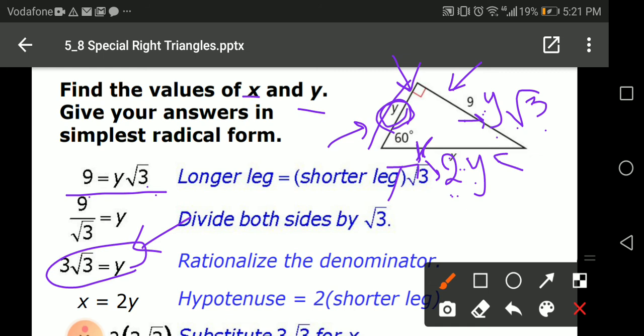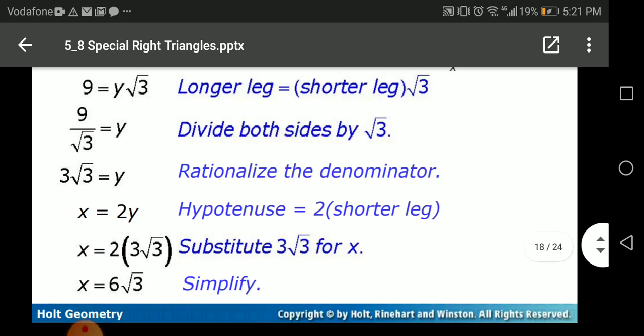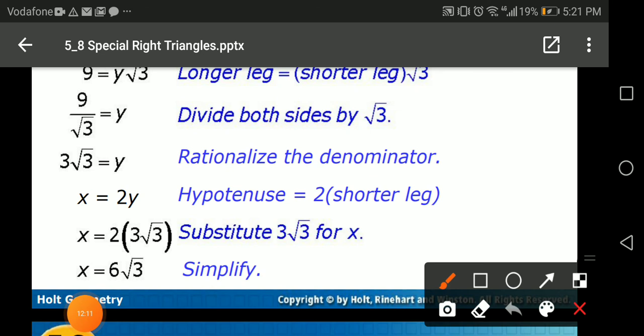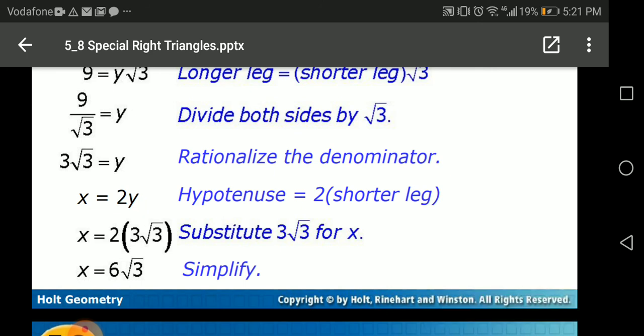So we write here x equal 2y, and we got the value of y is 3 square root 3. So it will be 2 multiplied by 3 square root 3. After simplifying here, guys, it will be 6 square root 3. We multiply here 2 by 3 gives me 6 square root 3.